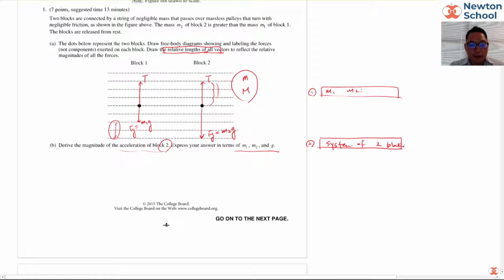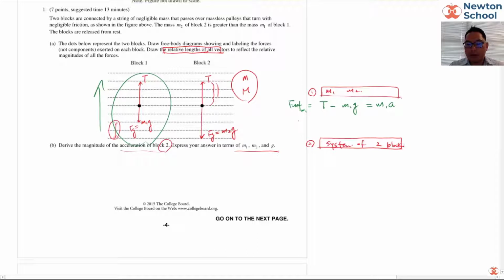So let's start with block 1. Block 1, I'm referring to this one. It's moving up. So again, I'll choose tension as the positive direction, minus, so I'll just write F net for M1: tension minus small M1g equals M1a.